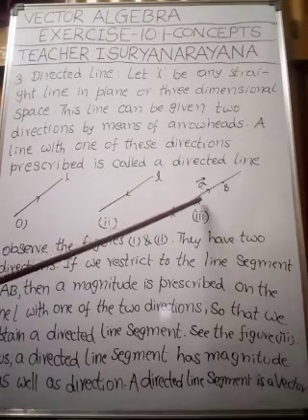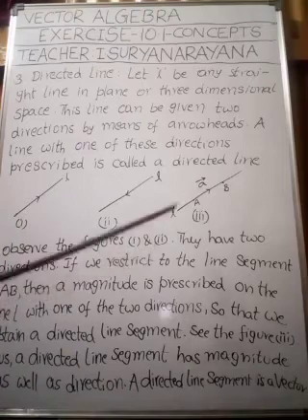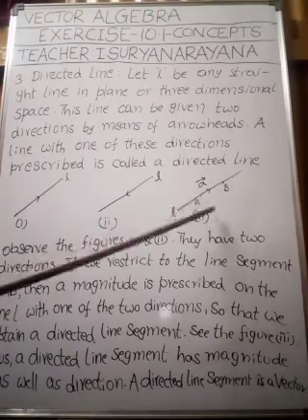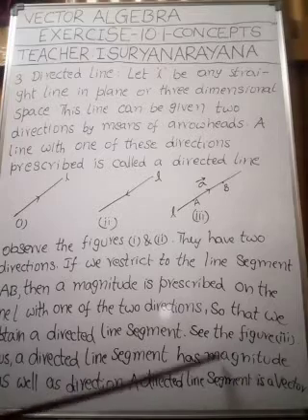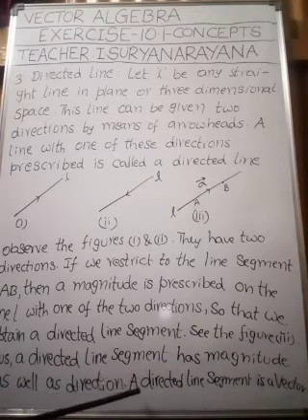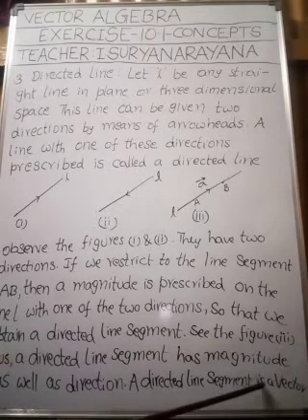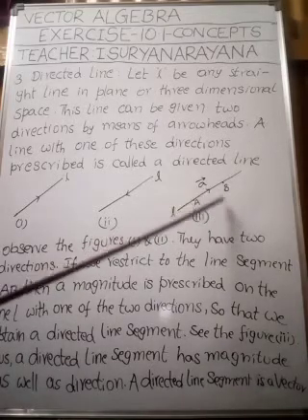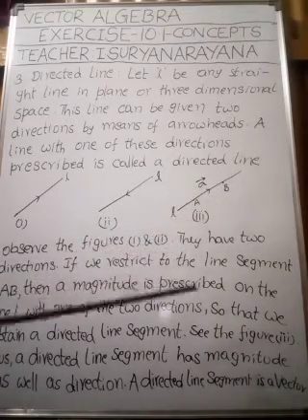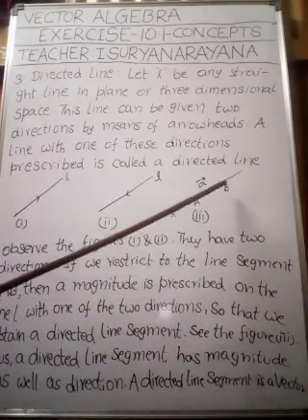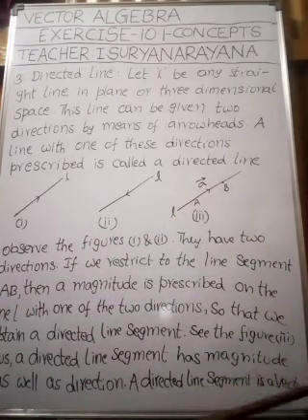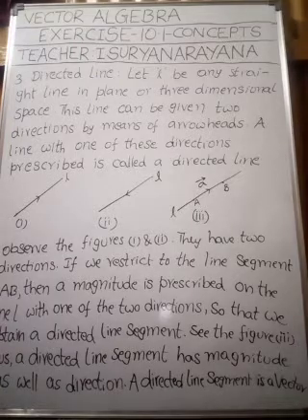Direction is given from A to B. So this geometrical figure has magnitude as well as direction. So a directed line segment is a vector. So this is called a vector. Understood this point, my children? Here we study a directed line segment as a vector. Okay, my children, keep this point in your mind. Okay, my children? Right.